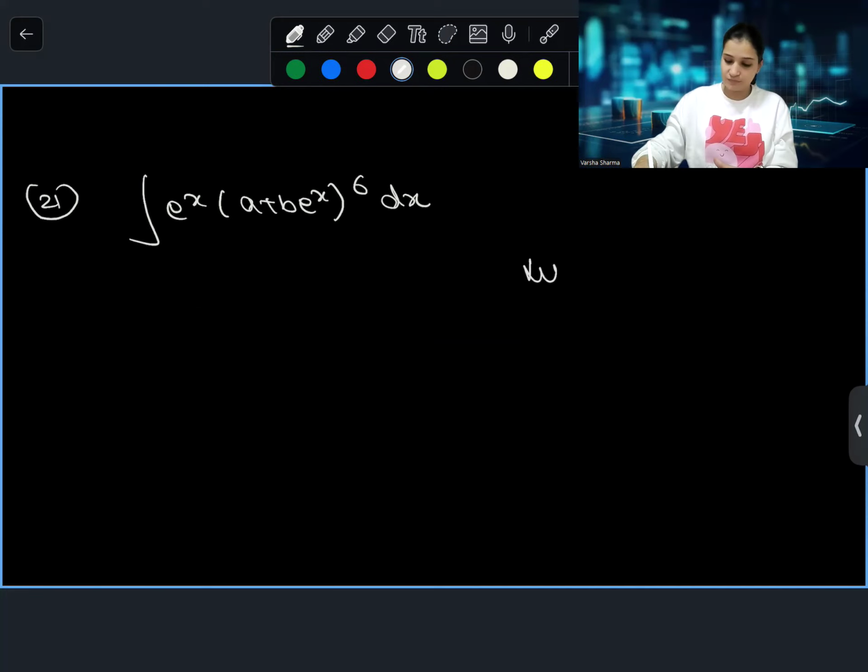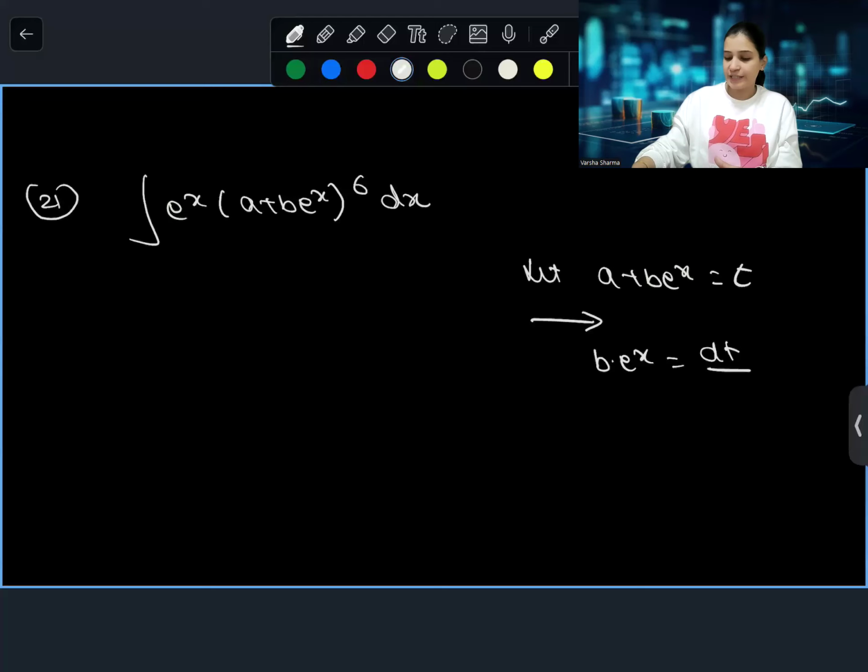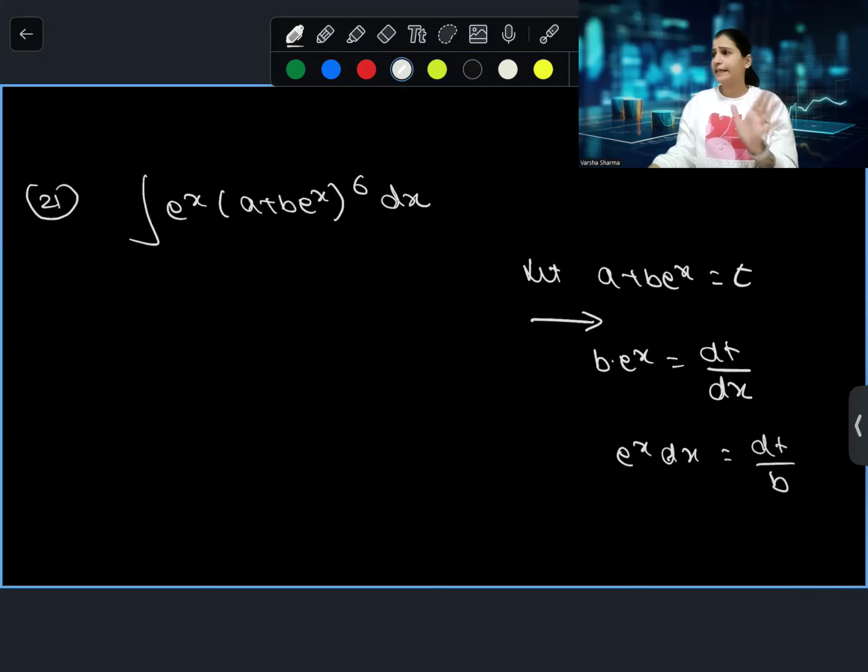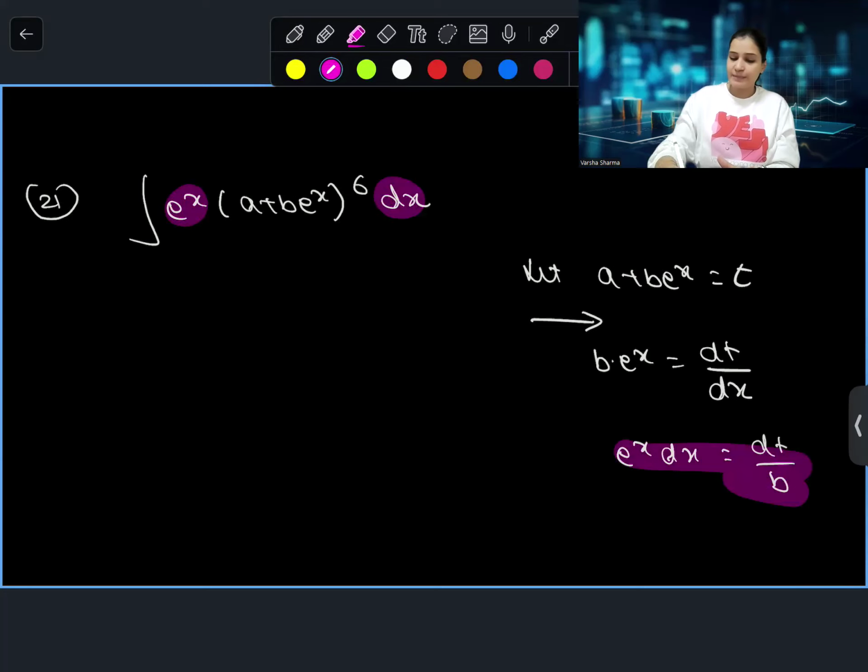Take a plus b e^x as t. Differentiating it, a becomes 0, b e^x equals dt by dx. So e^x dx will become dt by b. B is constant, so it goes outside, and this is dt.